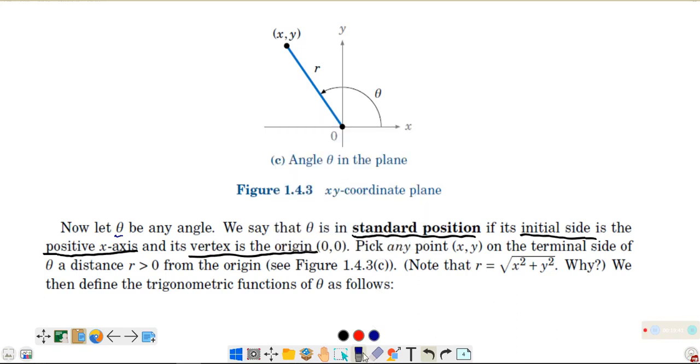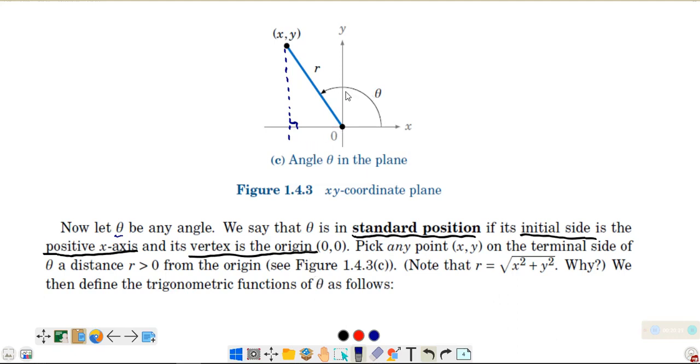So, kung magkakaroon ka dito ng x, y, tapos may length ka dito ng r, actually makakapag-create ka ng isang right triangle by drawing a line perpendicular with your x-axis. So this is your right angle. Okay?